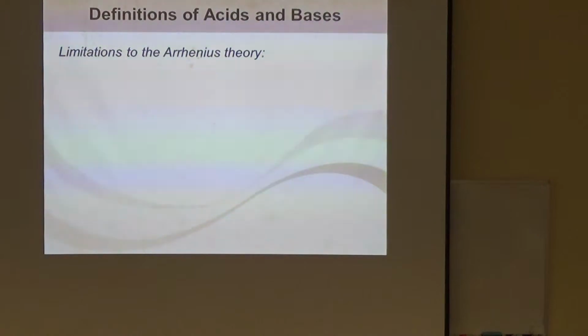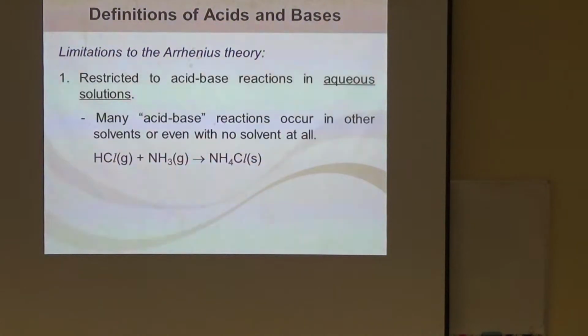Okay. Now, in general, why do they move on from a scientific theory? It's because the previous theory had problems. So, limitations of Arrhenius theory. Because you must have H+ and you must have OH-, this restricts it to reactions that occur in aqueous solutions.